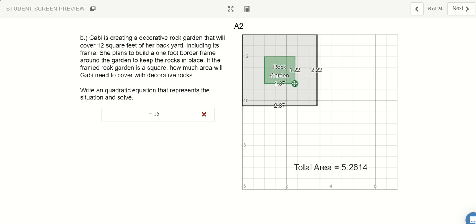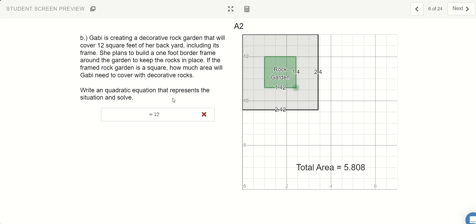Again, I can do a 1.4 by 1.4, and notice that the area is not quite 12 yet. So again, I don't know what the area of the garden should be, so let's call that X. But I know I'm adding a 1-foot border on all the sides, so I'll do X plus 1, and it's going to make a square. So from here, if I want to solve the equation, I can square root both sides.